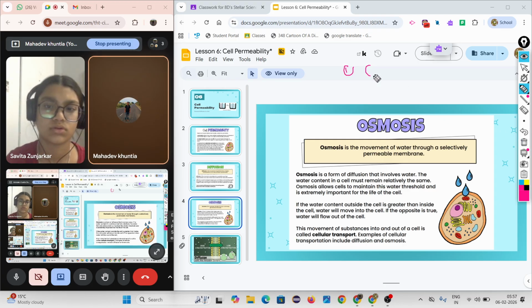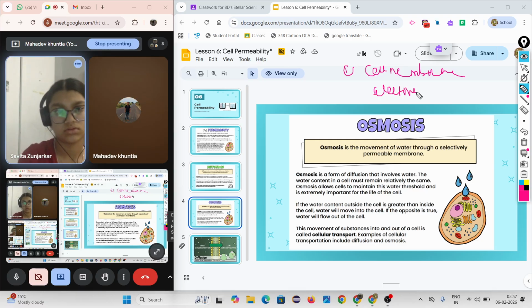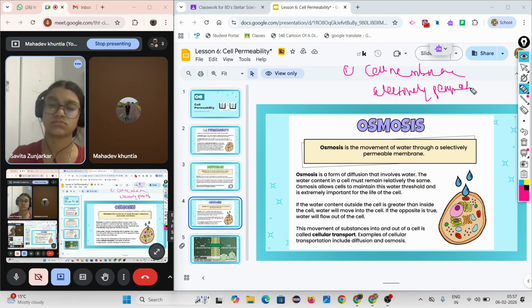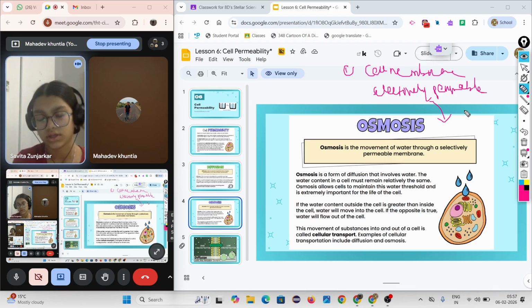Number one, the cell membrane is selectively permeable. What is the meaning of selectively permeable? It has specific or certain things which it allows to go in and out. Then what are the certain things?